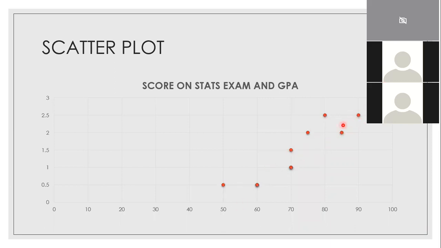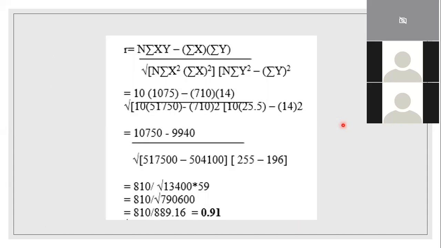So as the value of one variable increases, the value of the other variable also increases. So as the score on one exam goes up, the grade point average also goes up. So you have a correlation coefficient here of 0.91.